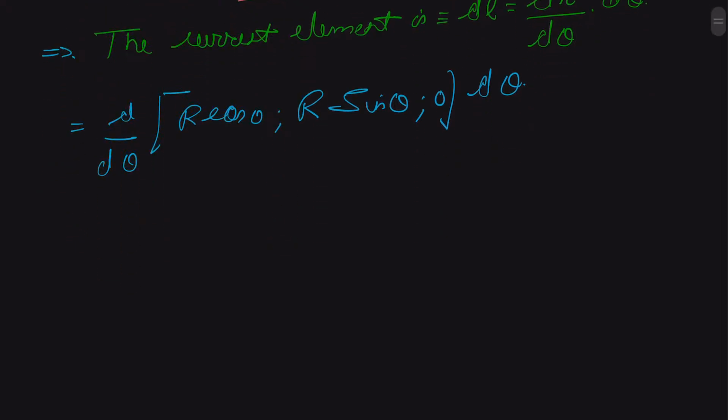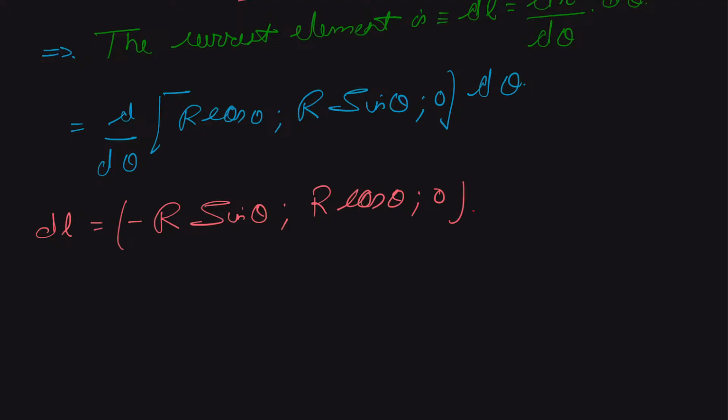Okay. So we can just differentiate it, and this gives us that the current element will be given as (minus r sine of theta, r cos of theta, 0) d theta.